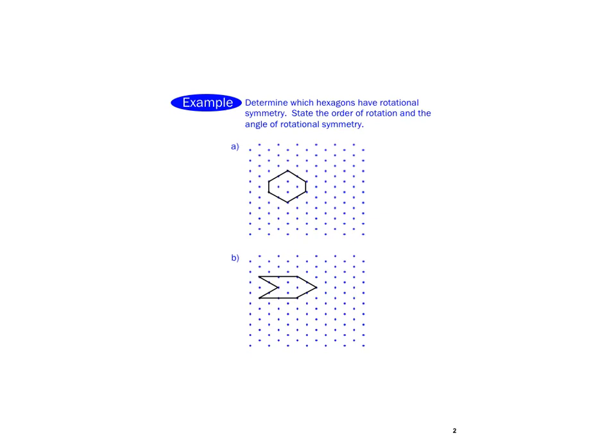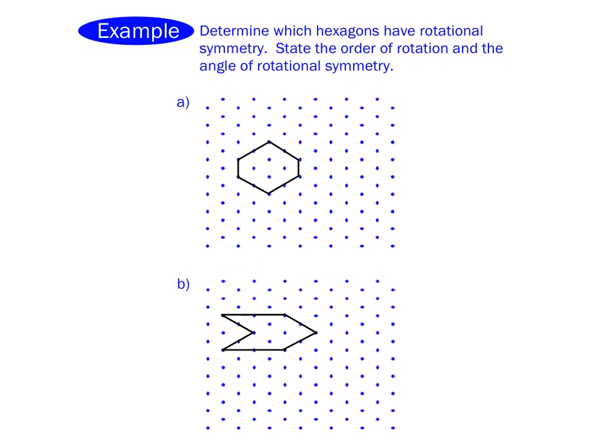So let's go ahead and do a couple examples here. Here it says, which hexagons have rotational symmetry? State the order of rotation and the angle of rotational symmetry. Okay, so fair enough. Let's go.